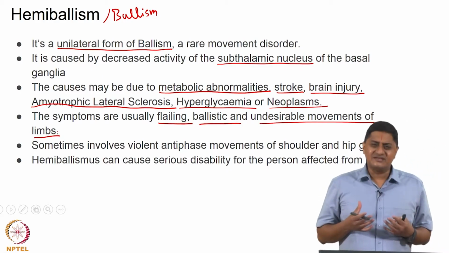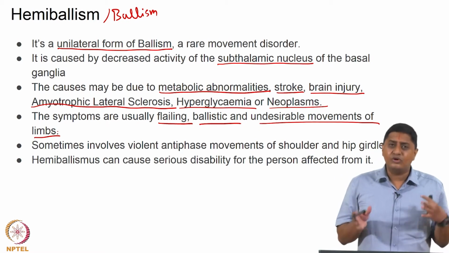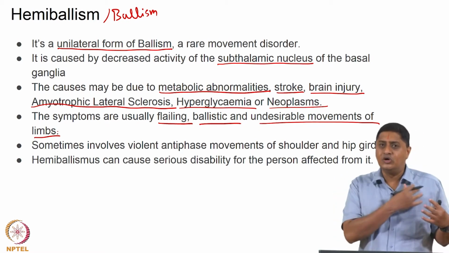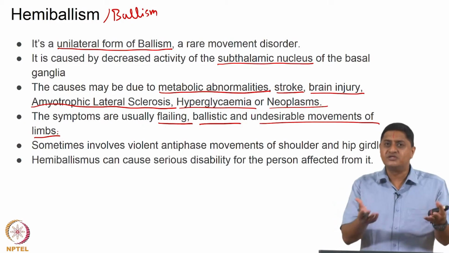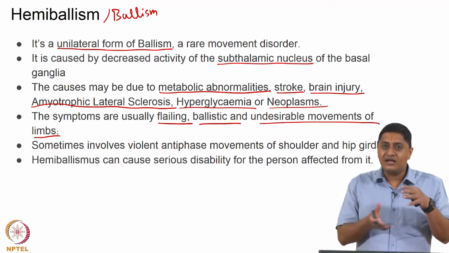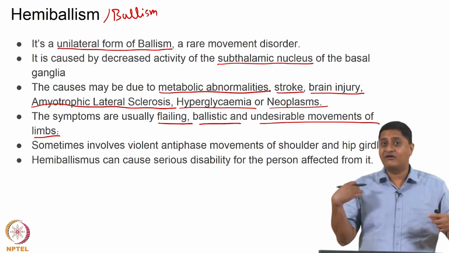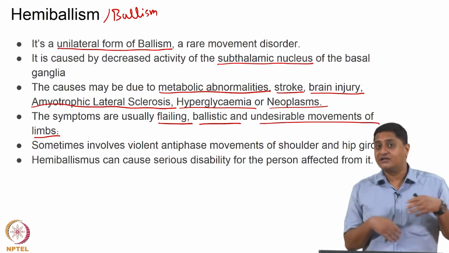Usually, ballism and hemiballism involve violent out of phase movements between the shoulder girdle and the hip girdle, like you would see in Bollywood dance, right. When you watch a Bollywood song, what you see is very fast out of phase movements of the shoulder girdle and the hip girdle.